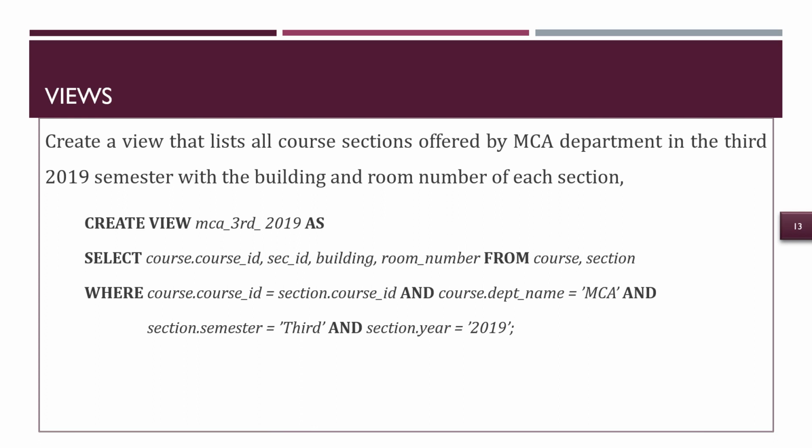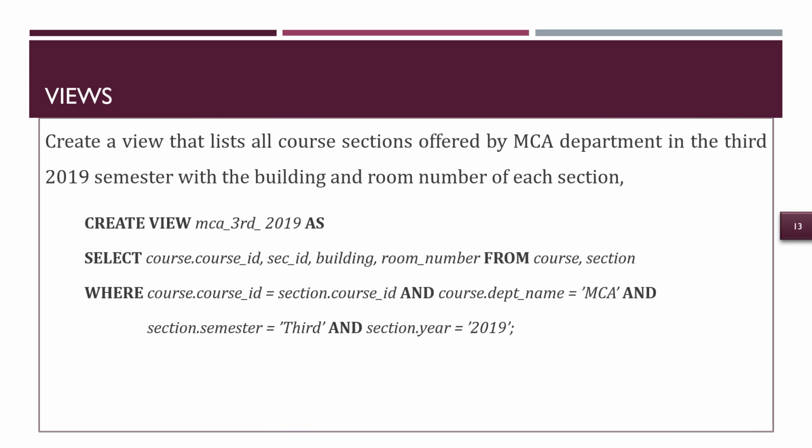So the query expression is: select course.course ID, section ID, building, room number from the tables course, section, where course.course ID is equal to section.course ID. We are checking whether the common attributes are matching or not.